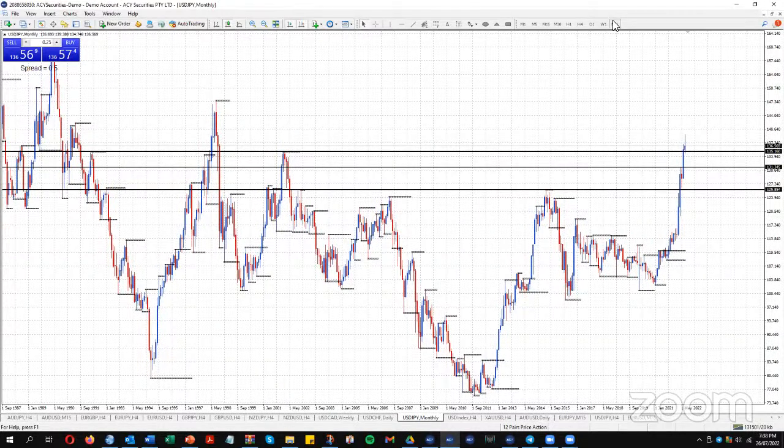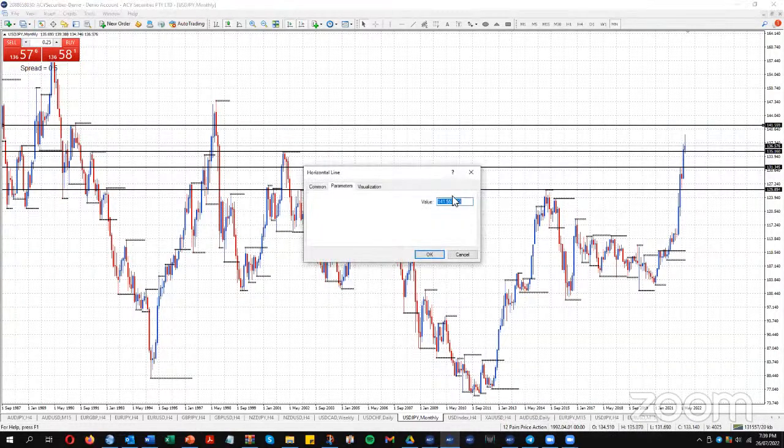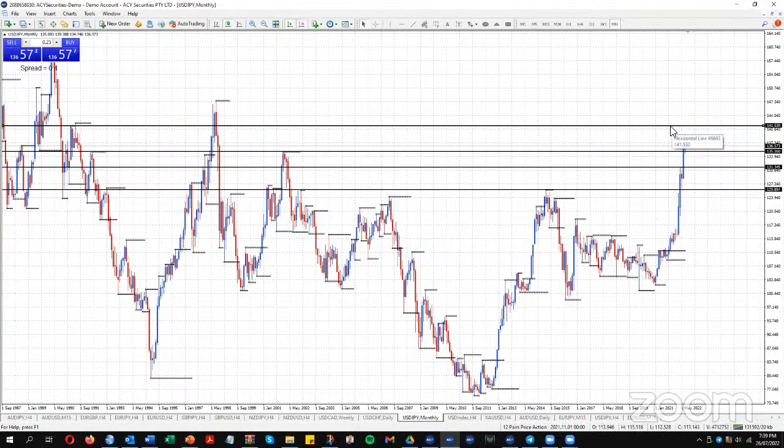All right. Next level of monthly resistance that we haven't touched yet on the way up, 141.53 over there. I thought I had that in, but maybe it just got deleted accidentally. 141.53 is the next monthly level challenge.